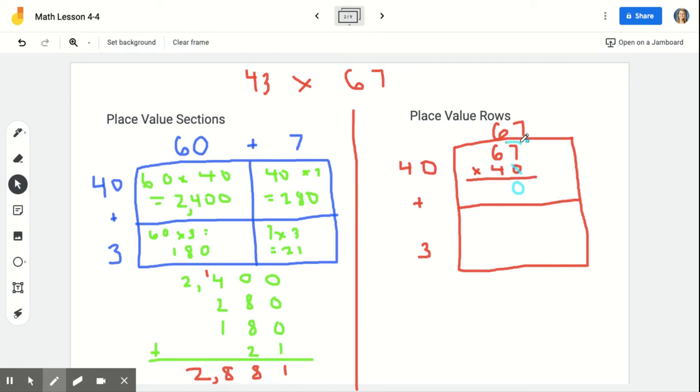And now our next step, we're going to be multiplying 67 times 4. Again, that 4 represents 4 tens, but we already have the 0 in the ones spot. So our first step is we're going to be multiplying 7 ones times 4 tens. So 7 times 4 is 28. We're going to put a 2 above our 6 and an 8 in our product.